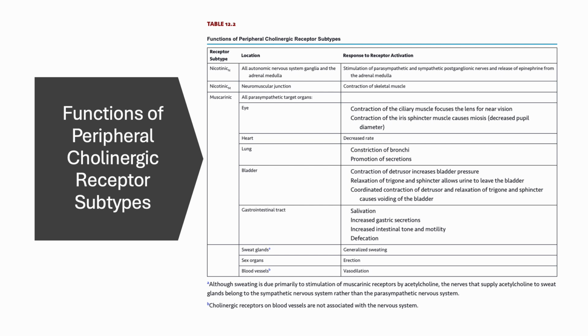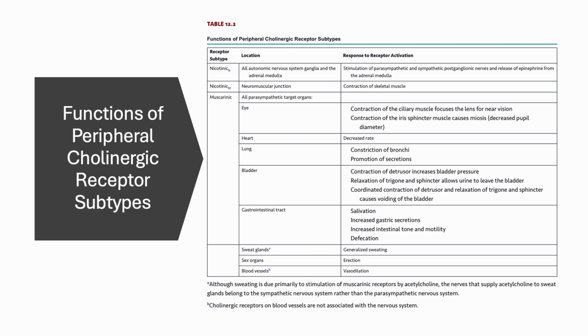Muscarinic activation will also cause contraction of smooth muscle in both the bronchi and the GI tract. It's also going to help slow the heart rate down, and it's involved in the contraction of the sphincter muscle of the iris, which is going to then result in miosis, which is a reduction in pupillary diameter, otherwise known as constriction.